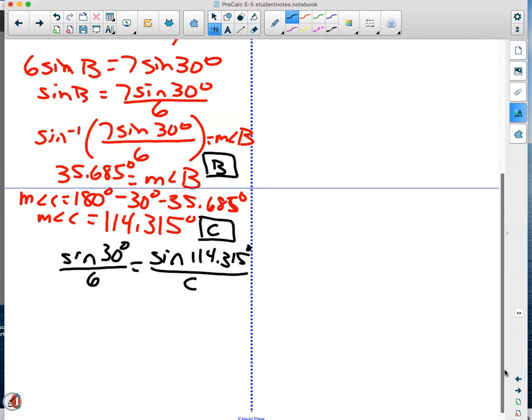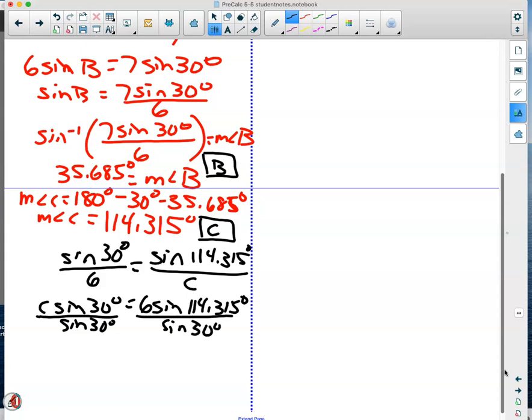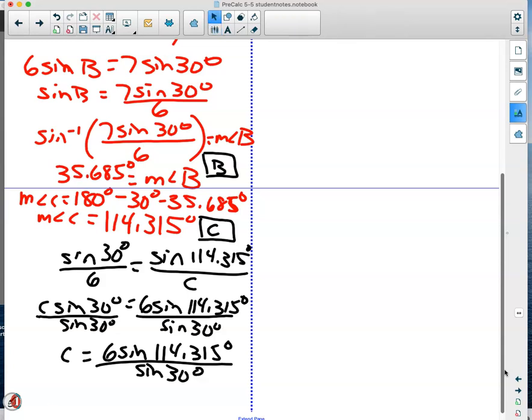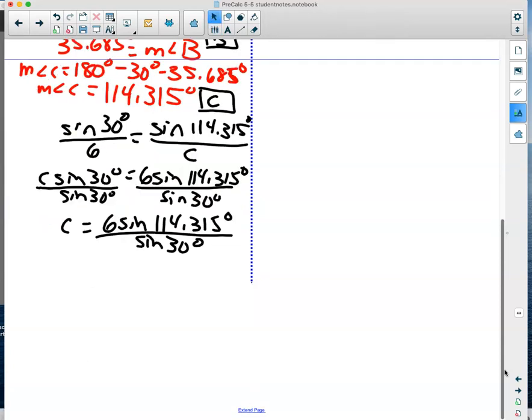And then cross multiply, and divide by the sine of 30 degrees. So again, we write down the answer as close to perfect as we can before we punch it in.